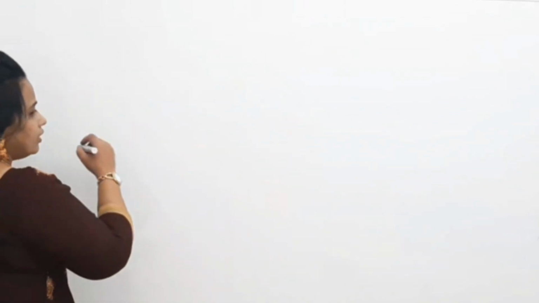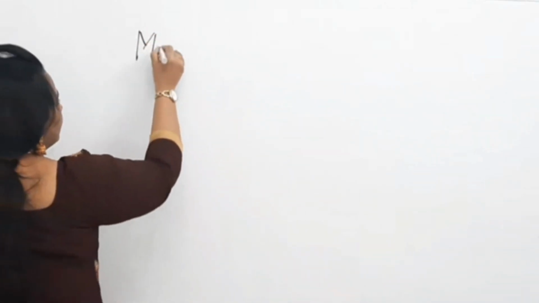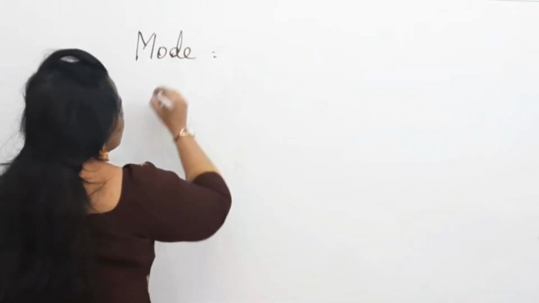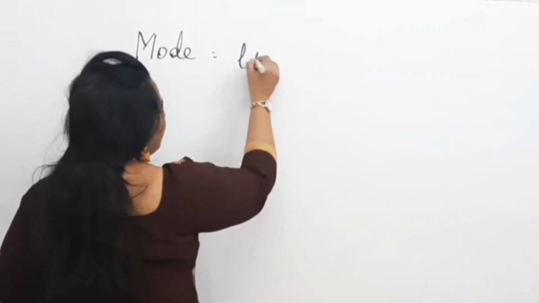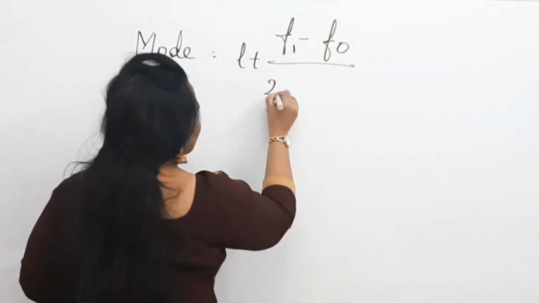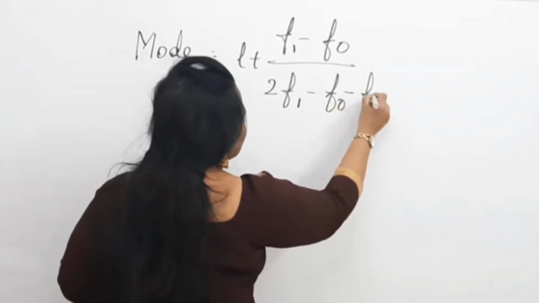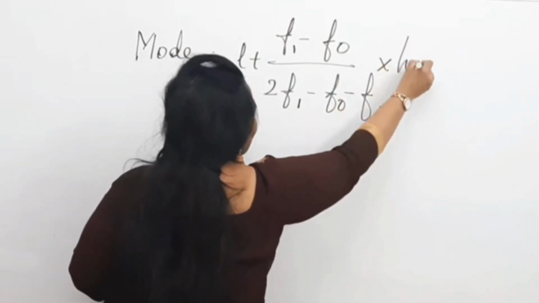Now when I read my question, I understood that I have to find my mode. So what you would do immediately is you will write my mode formula. That is mode is equal to L plus F1 minus F0 divided by 2F1 minus F0 minus F2 into H.